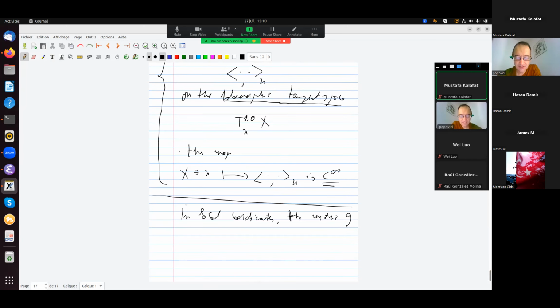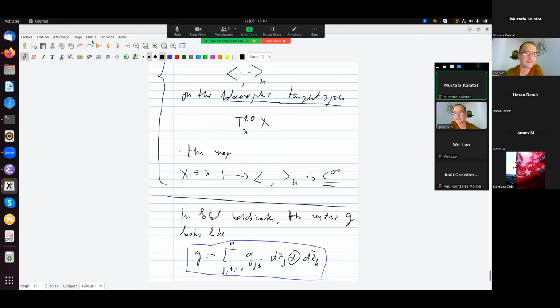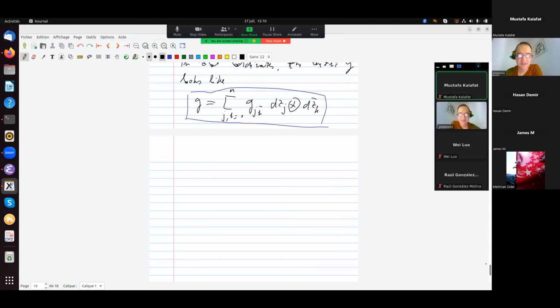The metric g looks like the following. g is the sum over j and k from 1 to n of coefficients g_{j\bar{k}} times dz_j tensor d\bar{z}_k. So what's the meaning of this? This is just a notation for what we mean.